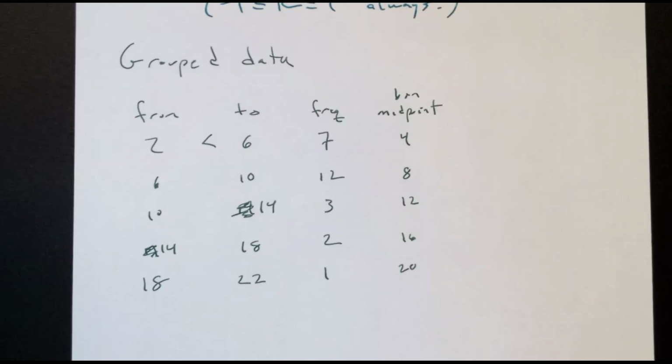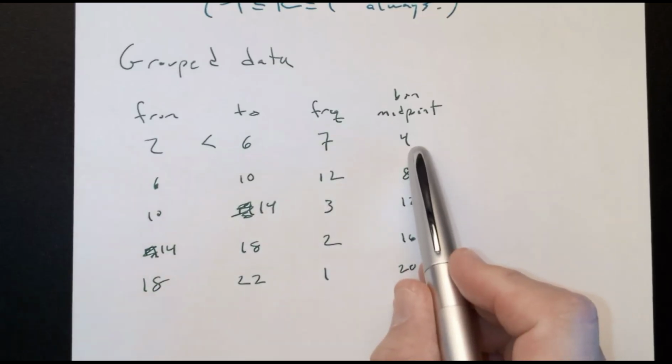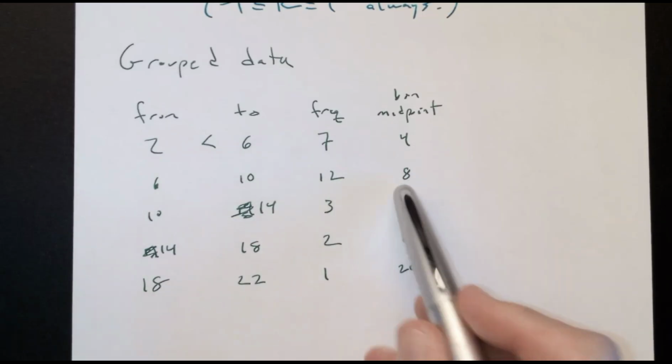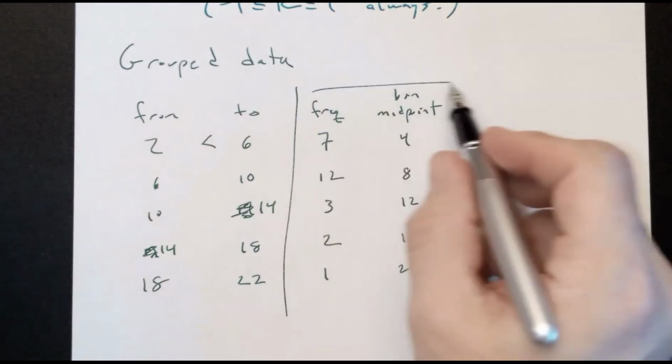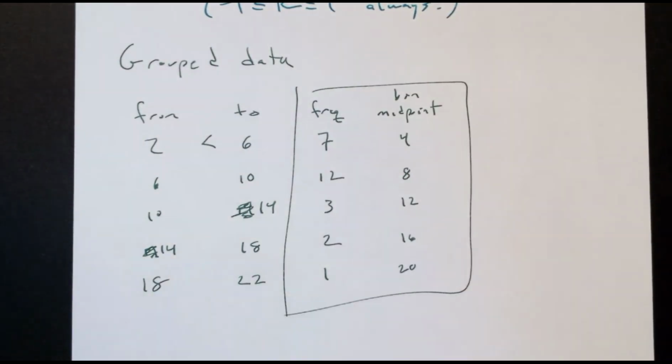If I do that, then what I really want is 7 4s and 12 8s and 3 12s. This now helps me figure out what the average is, because I can add up all the data, right?